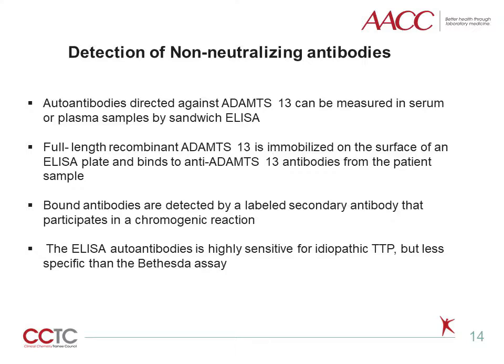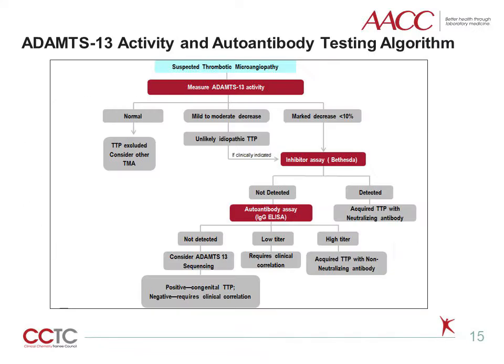Bound antibodies are detected by a labeled secondary antibody that participates in a chromogenic reaction. The ELISA test for the detection of non-neutralizing antibody is highly sensitive for idiopathic TTP, but less specific than the Bethesda assay. This is a suggested algorithm for the diagnosis of typical TTP cases.